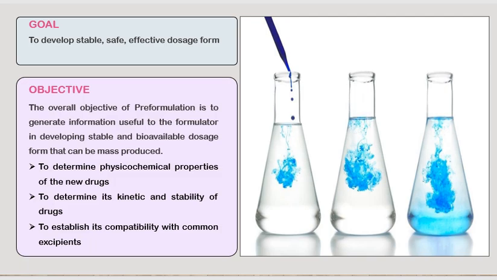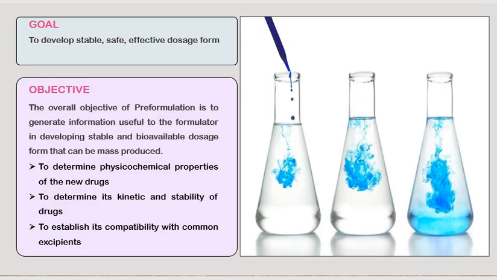Next, we are coming to the goals and objectives of the preformulation studies. The first goal of this preformulation study is to make a stable dosage form, a safe dosage form and an effective dosage form, and also it should be an affordable one. The next objective is to determine the physicochemical properties of the new drugs.